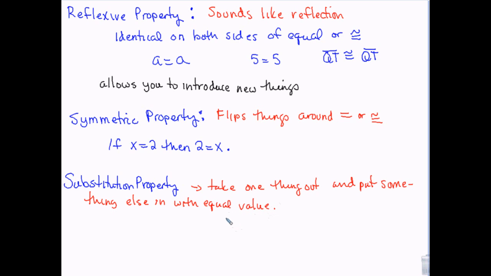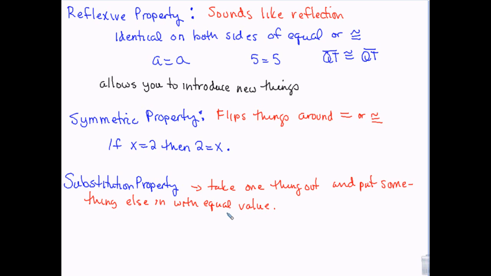It's like change for a dollar. You can take the $1 out and you can put the 4 quarters in. They look different, feel different, but they're the same, right? They're both worth $1. So this is what substitution does.